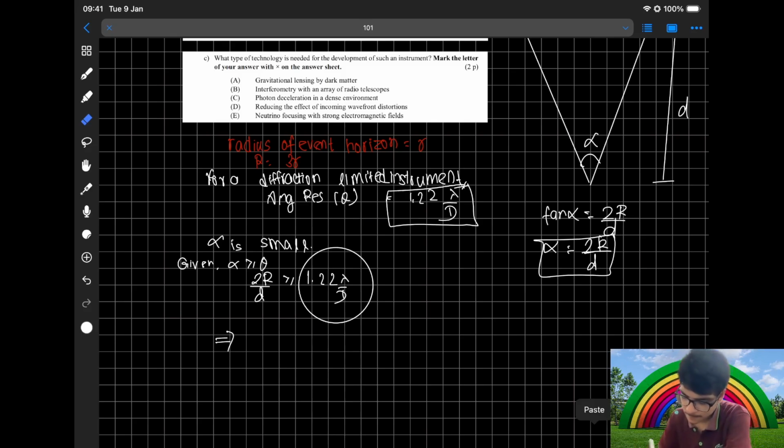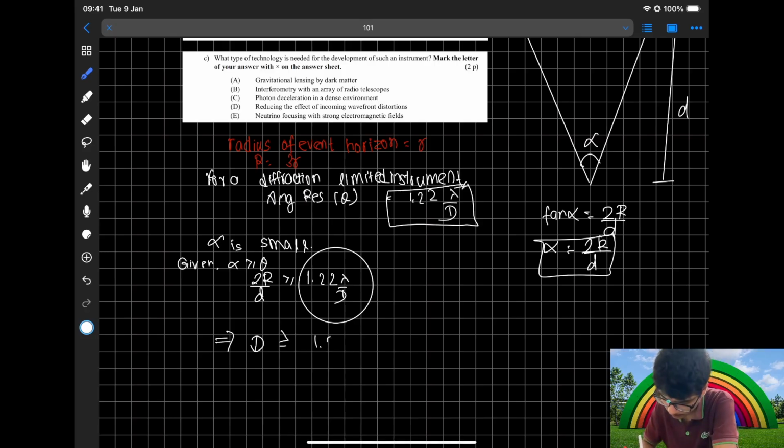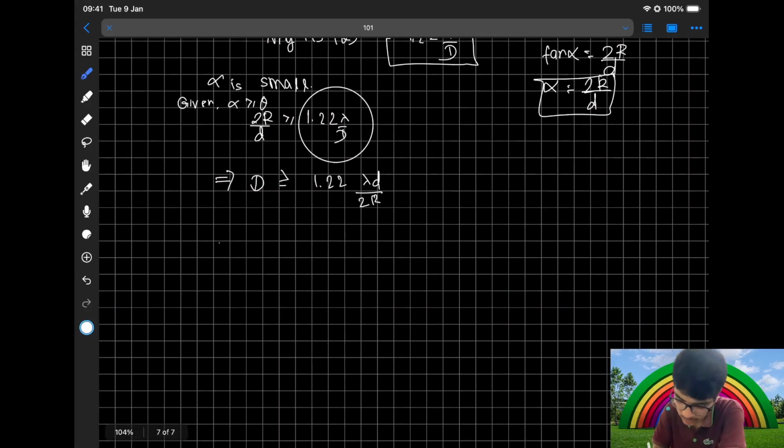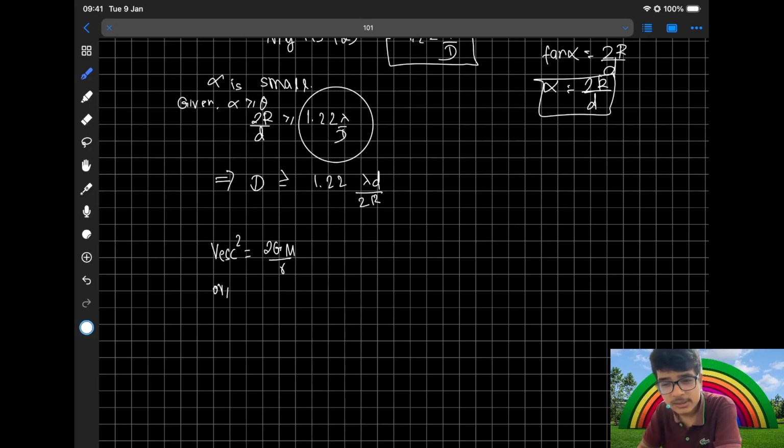Therefore, we have escape velocity as this right here. And we know for a black hole, escape velocity will be greater than the speed of light.